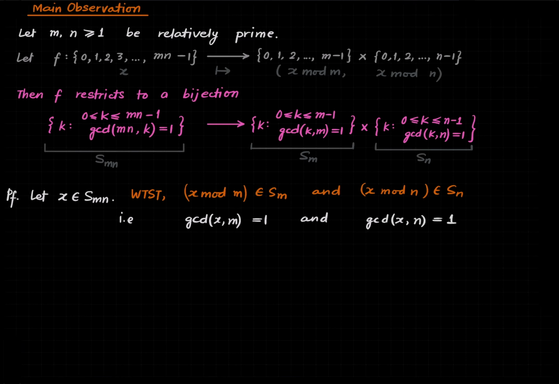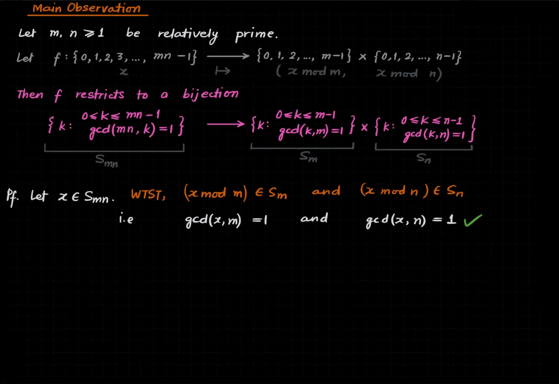But that is clear because this means that x is relatively prime to both m and n, right? What does this mean? This means that x is relatively prime to both m and n, and hence this clearly follows. So this part is clear. I'm not writing any more details.